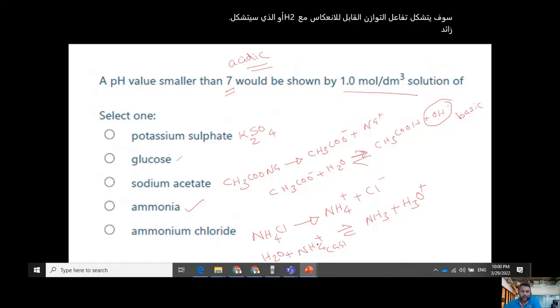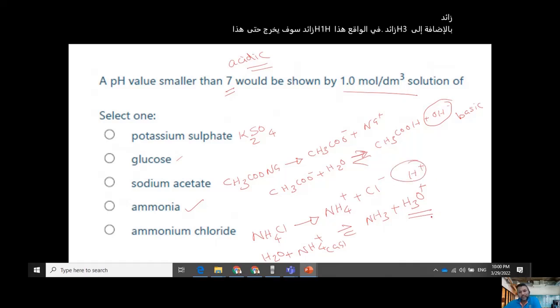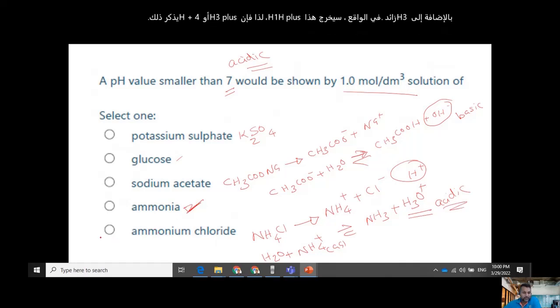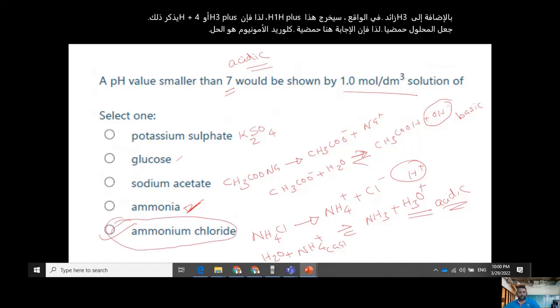Actually, this H plus will be going out. So this H3O plus or H plus formation, that is making the solution acidic. So the answer here is acidic. Ammonium chloride is the answer. Okay.